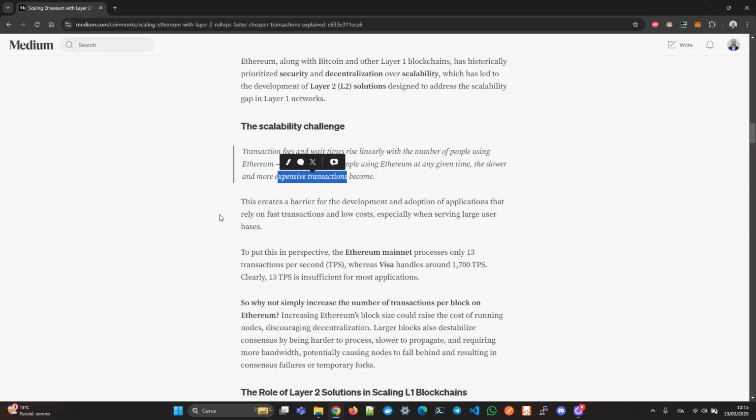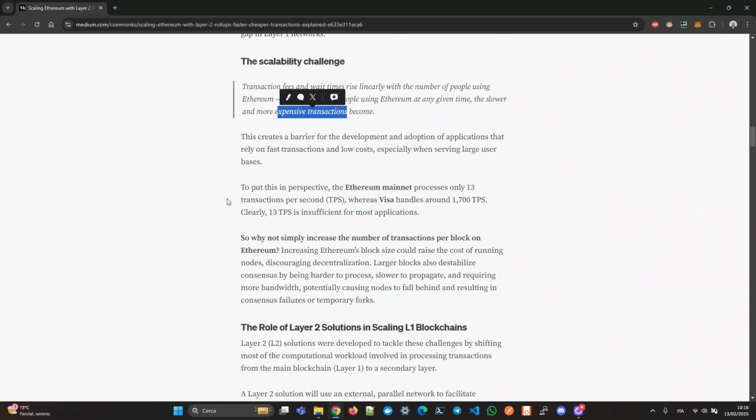This, of course, creates a barrier for the mass adoption of the blockchain. And to give some numbers, the Ethereum mainnet processes only 13 transactions per second, while Visa handles around 1700 transactions per second.